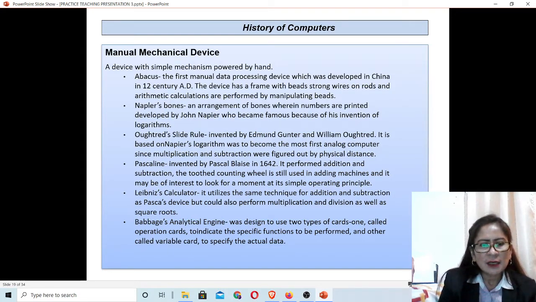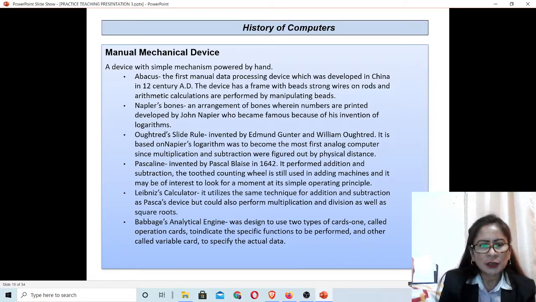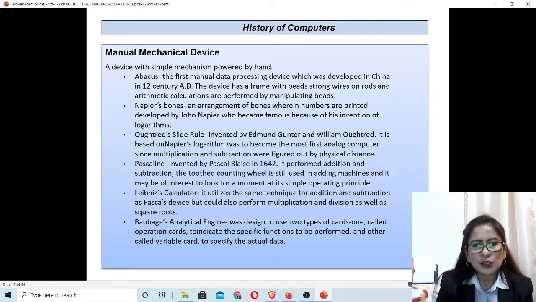Pascaline was invented by Blaise Pascal in 1642 and performed addition and subtraction. The tooth in the counting wheel is still used in adding machines, and it may be of interest to look for a moment at its simple operating principle.